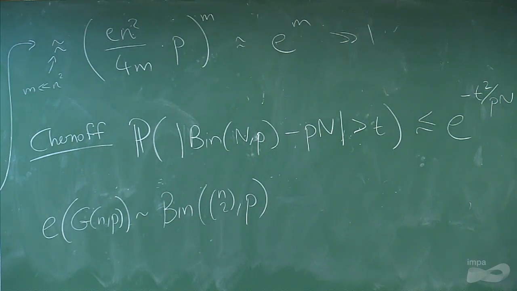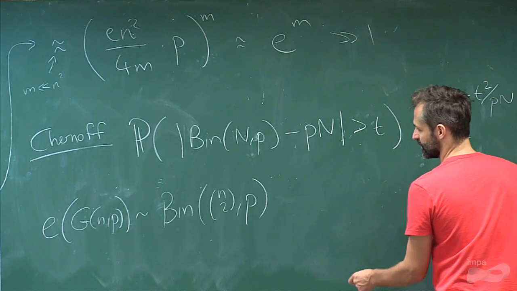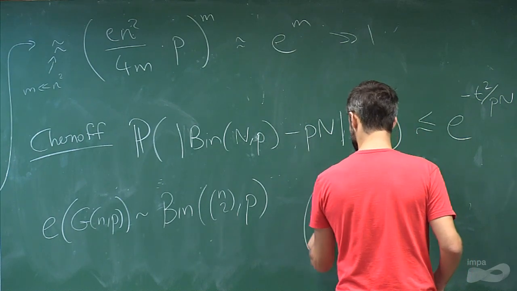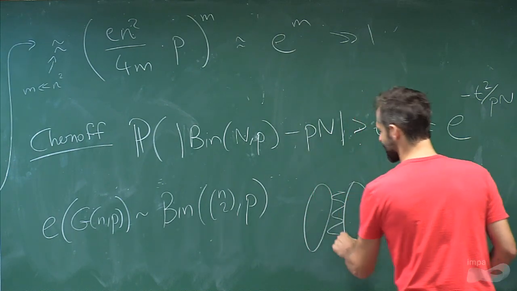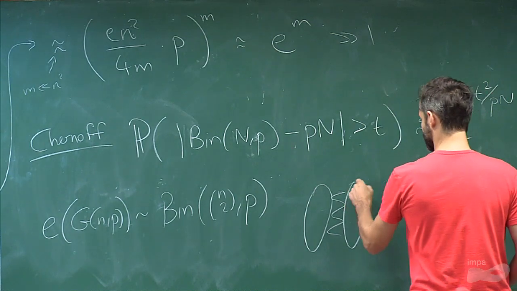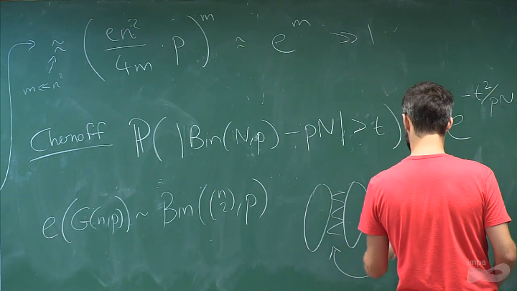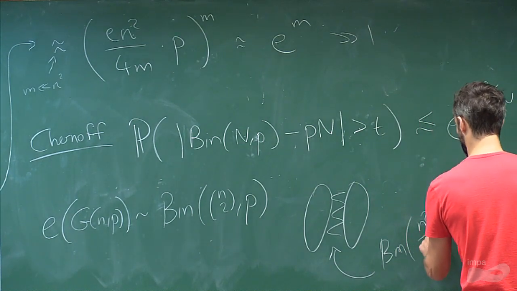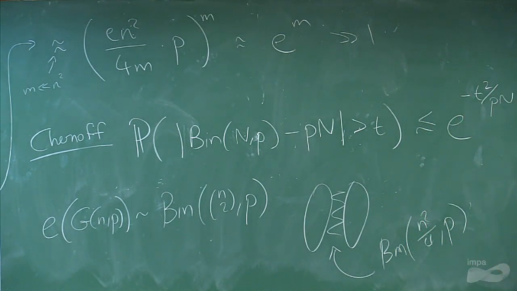And similarly, in any bipartite subgraph, you look at the number of edges here. The number of edges here is binomial n squared over 4, p. Right?